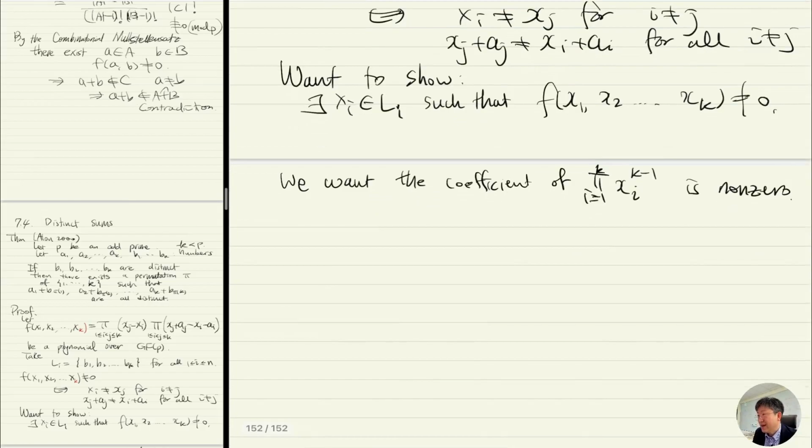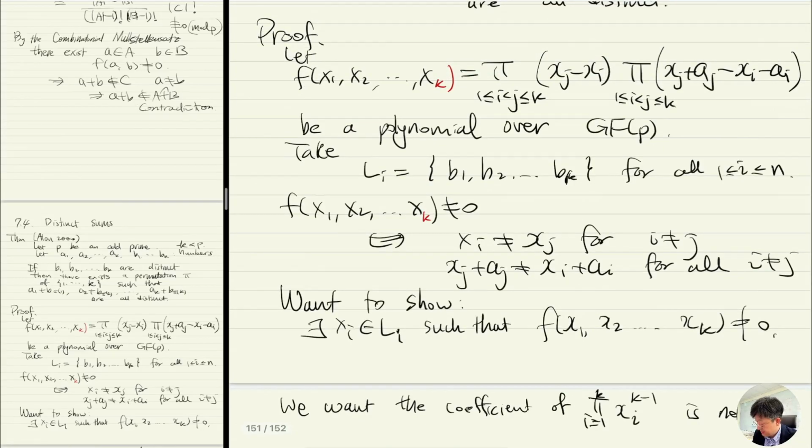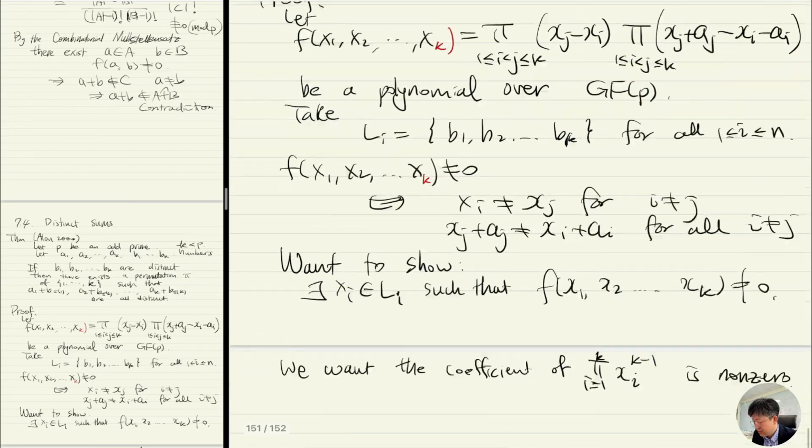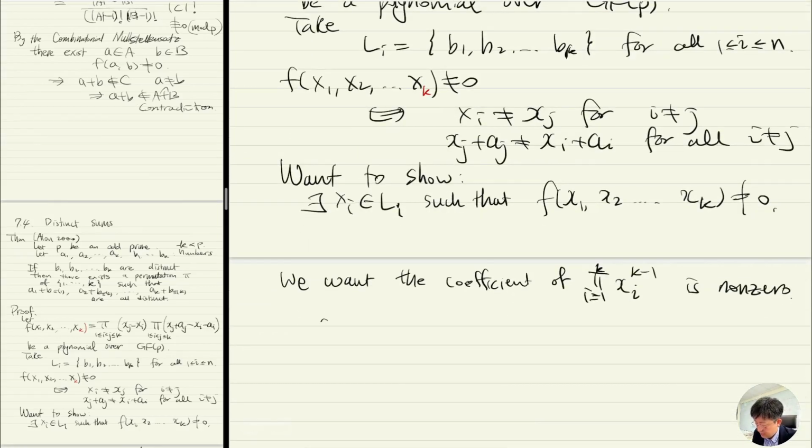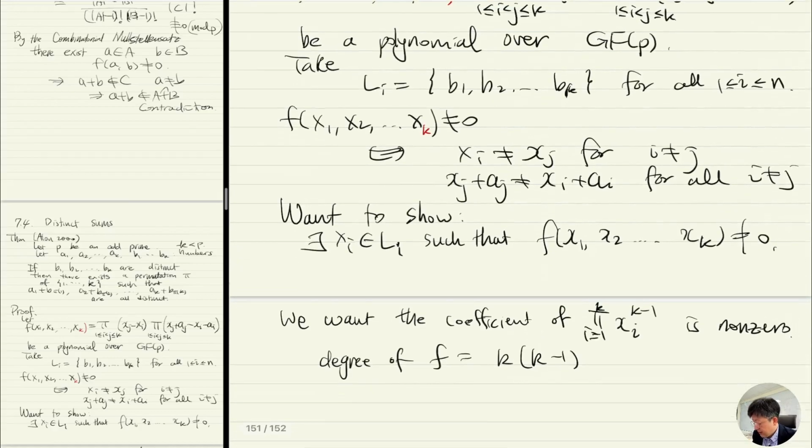Now let's see why this is non-zero. If you look at this term, the degree is k choose 2, and the degree of this part is also k choose 2. So you have k choose 2 plus k choose 2, which is k times k minus 1, the degree of this term.